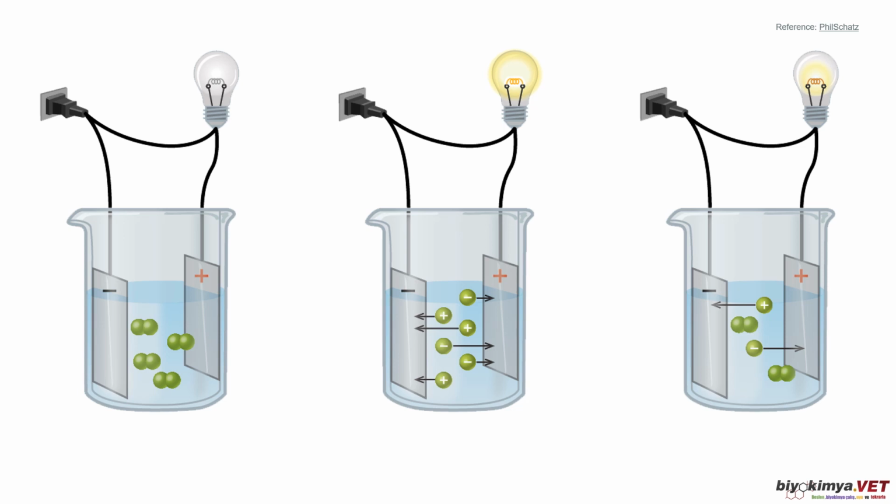And here you see an illustration depicting the features of non-electrolyte and electrolyte solutions. There are two types of electrolyte solutions that I will explain shortly, but before that, let's talk about the non-electrolyte solution.